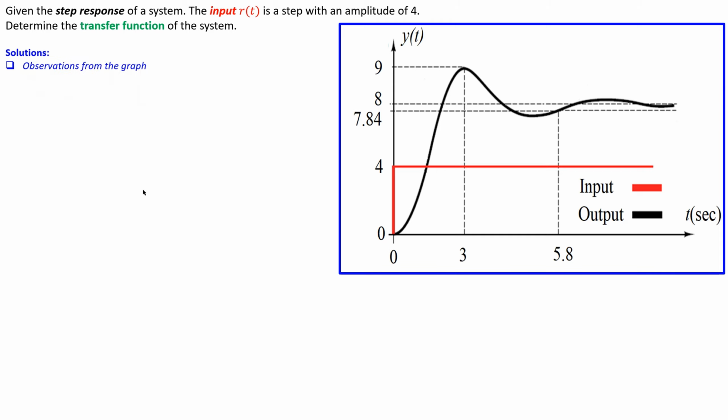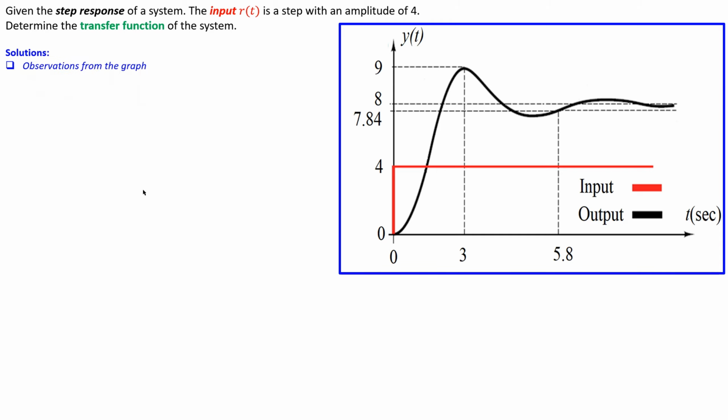But I will just assume, as a simple step, that this is a second order system. I can also see that the starting slope at the origin is 0, and it has an overshoot and will settle down to a value. And I just assume it is a second order system, not a third order system.